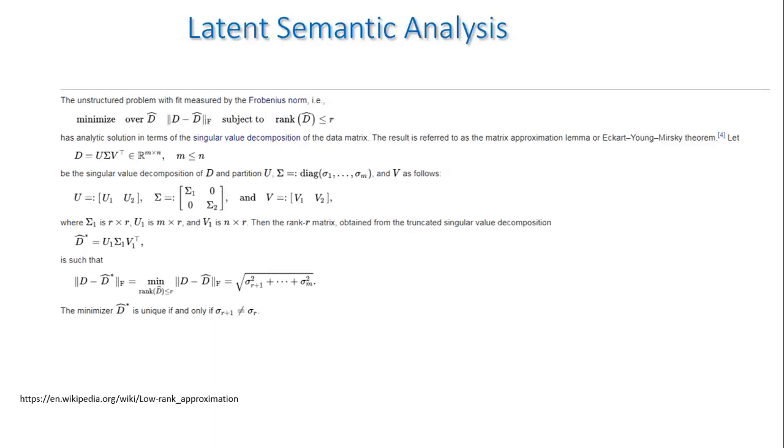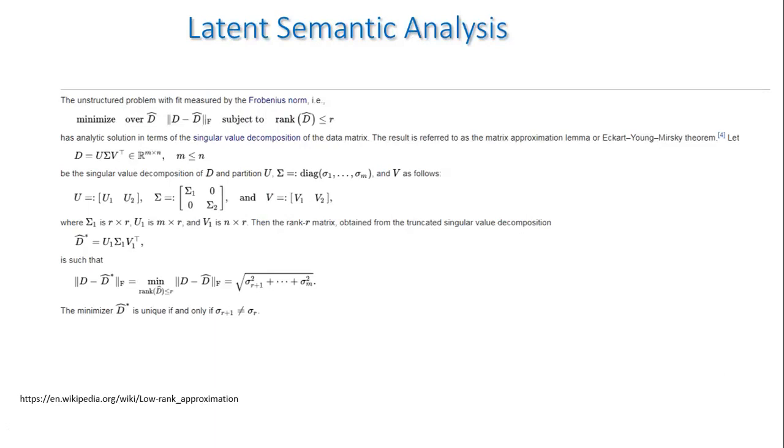So all you are trying to do is find a matrix that is very similar to the original matrix, but has fewer rows, okay? And you're trying to minimize this Frobenius norm, which is the root sum squared of the differences.